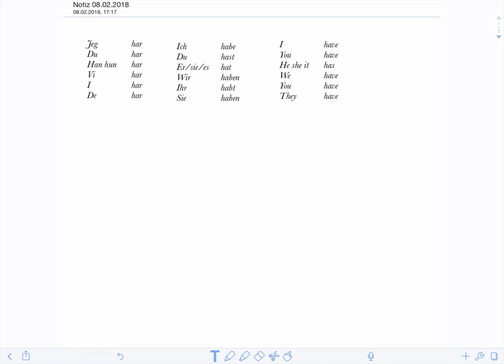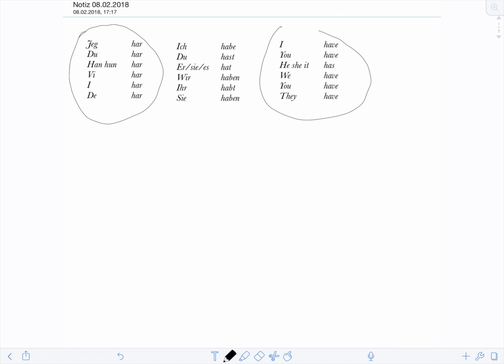Now you can see the inflection in all three languages. And as the circle shows, in Danish you have the same inflection of have in all three persons, as well as in plural and singular.